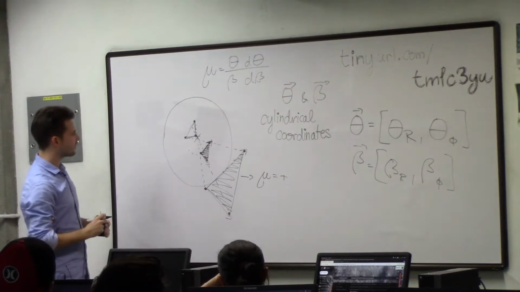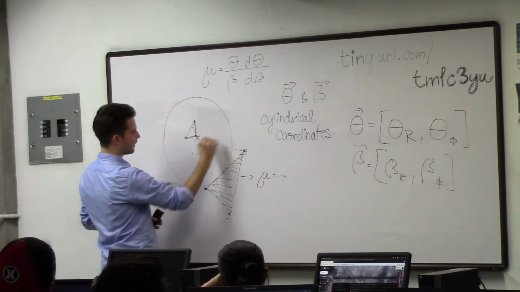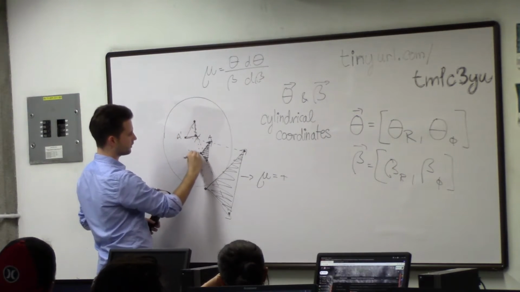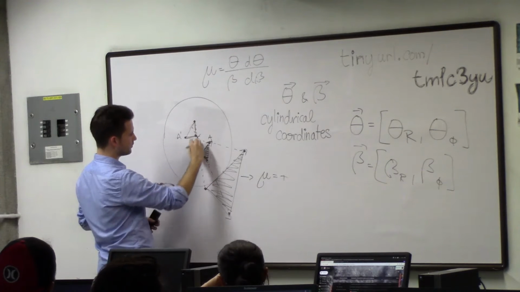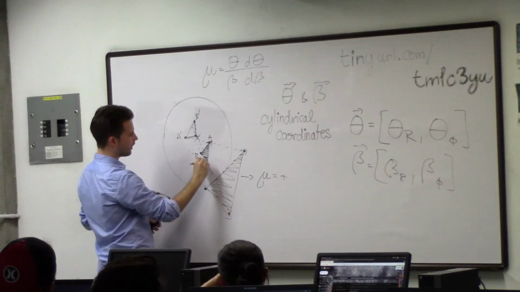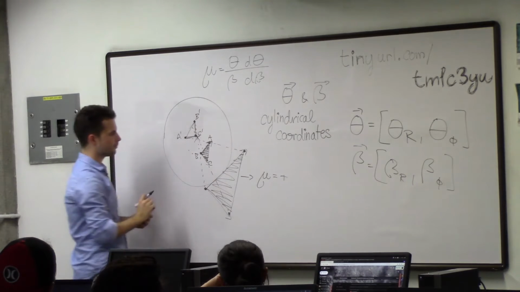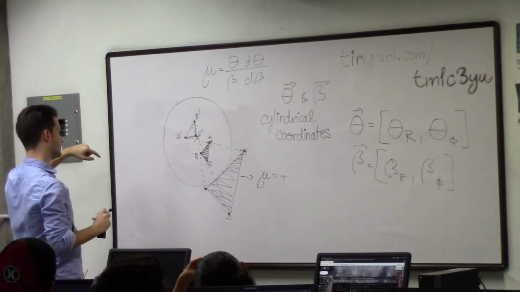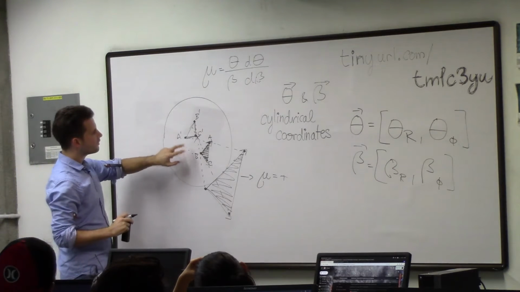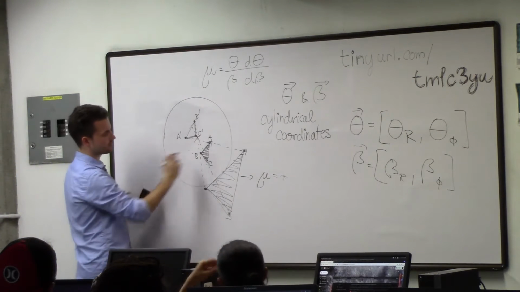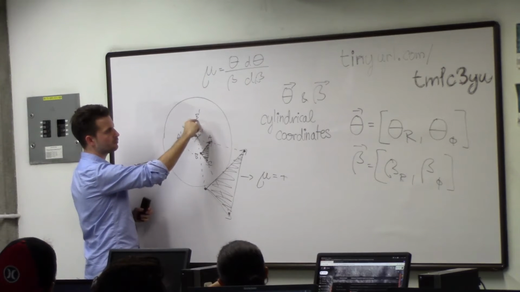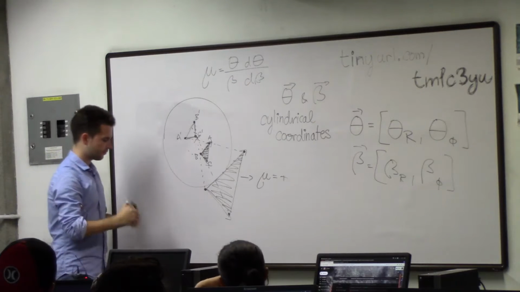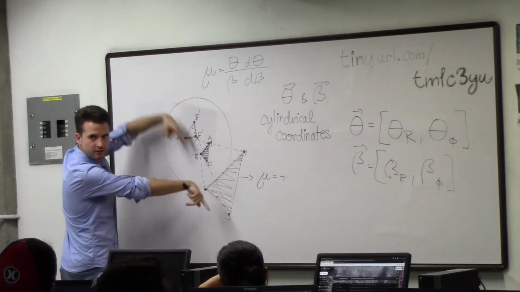What happens down here is a bit more involved. I didn't draw it very well, so I'll just label the points again. This is A, this would be B prime, and this is C and C prime. And now we see that in the radial direction, when you consider, for example, the B prime to C prime vector and the B to C vector, they have the same pointing, right?